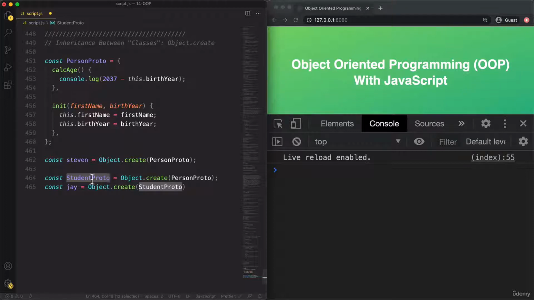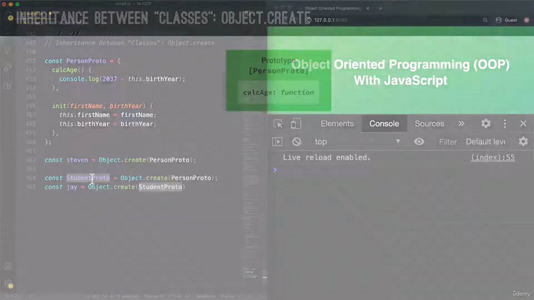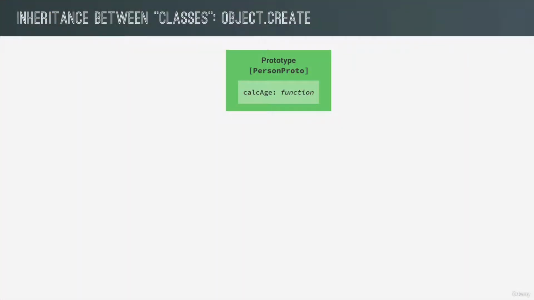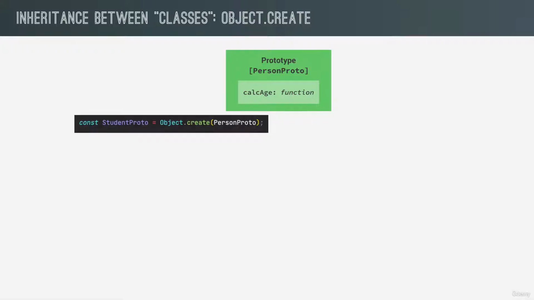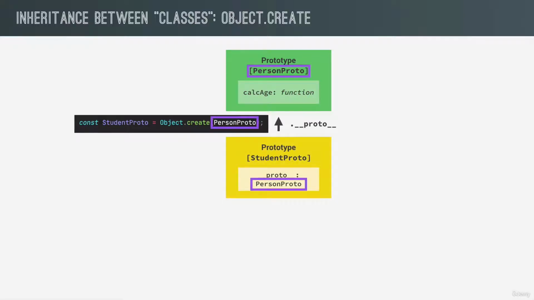And so let's make sure that we really understand this by looking at a nice diagram again. It all starts with the PersonProto object, which used to be the prototype of all person objects. But now, using Object.create, we make it so that PersonProto will actually become the prototype of StudentProto. And what this does is that now, basically, student inherits from person. And so with this, we already established the parent-child relationship that we were looking for.